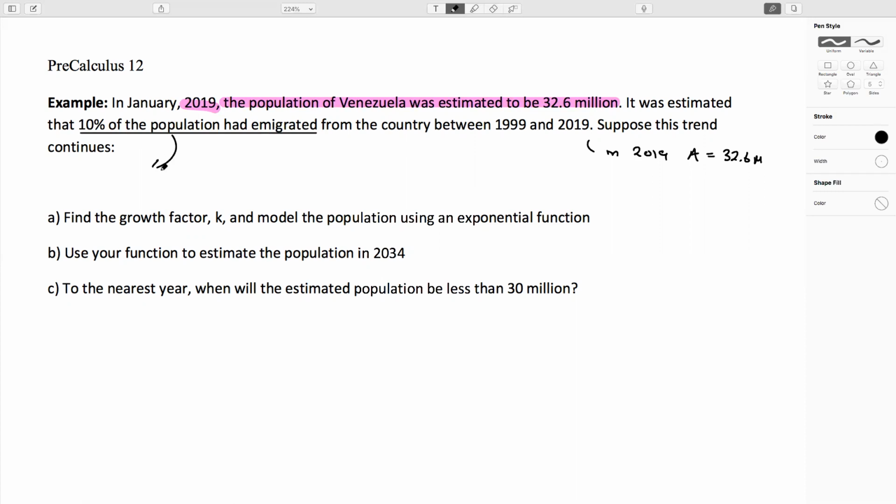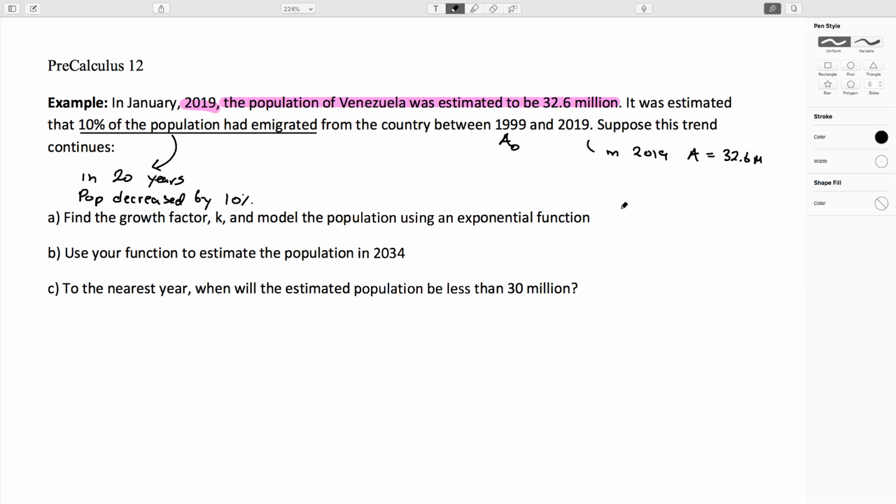So in 20 years, the population decreased by 10%. Okay, so what I can do over here is write A naught as my population in 1999, and A as my population in 2019.